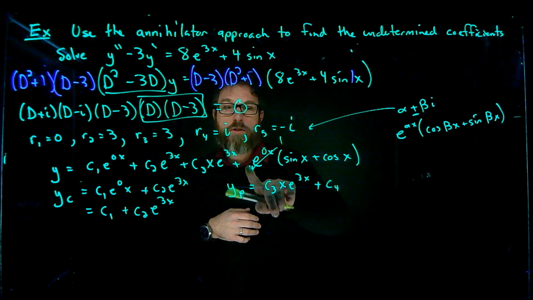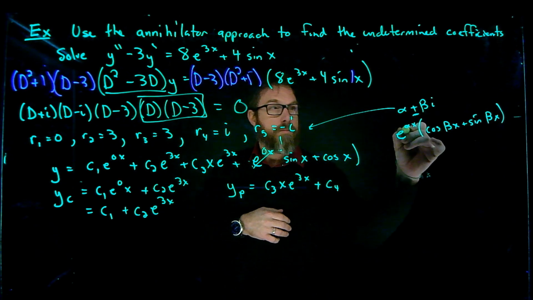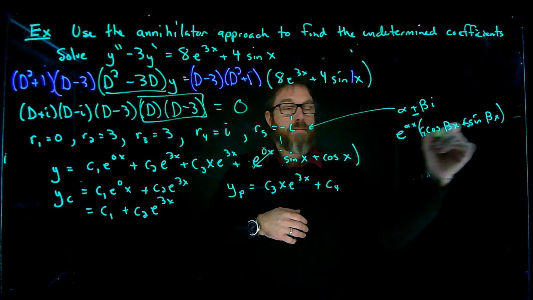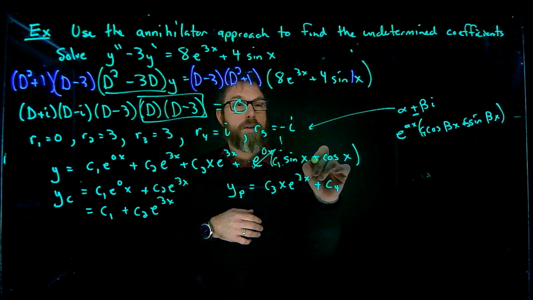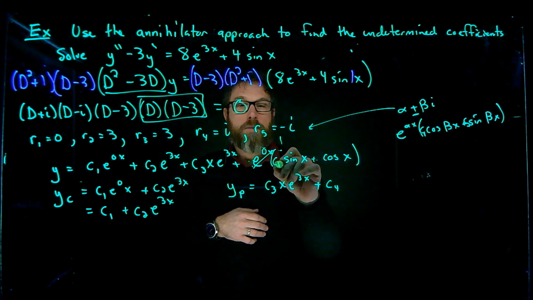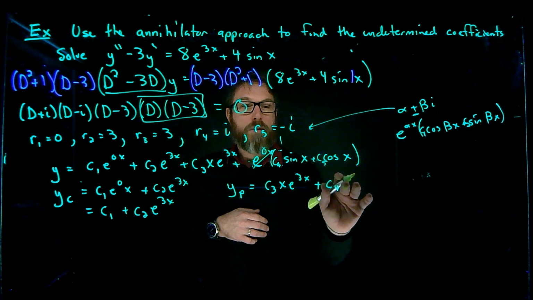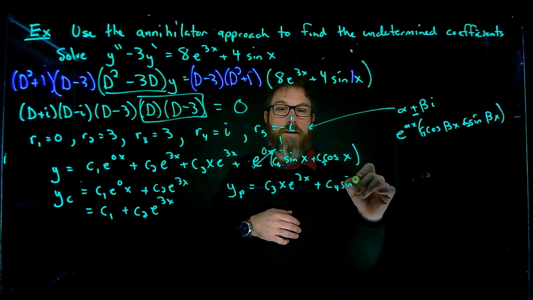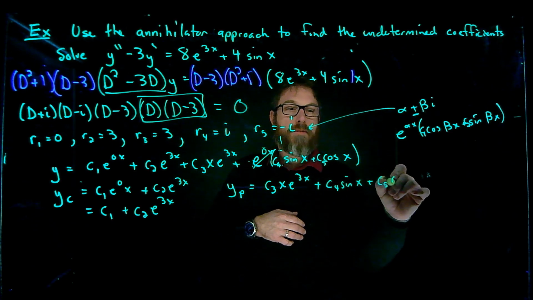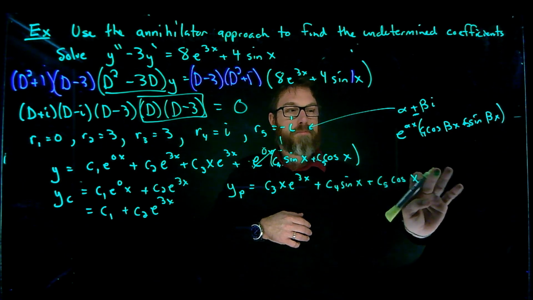My bad, the coefficients are supposed to go here. So this should be a c1, and this should be a c4, and this should be a c5. So c4 sine x plus c5 cosine of x.